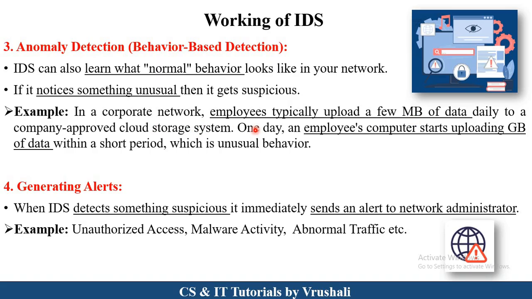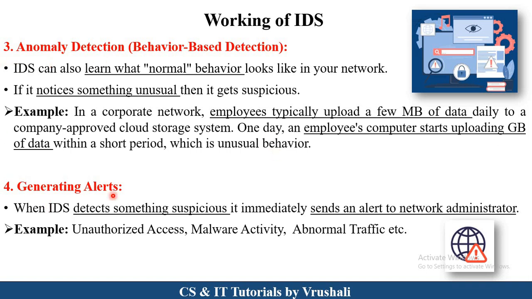But sometimes an employee's computer starts uploading GB of data. This is unusual behavior. So this IDS software tracks all the unusual behavior and unauthorized access of a particular system or network. This is called anomaly detection.